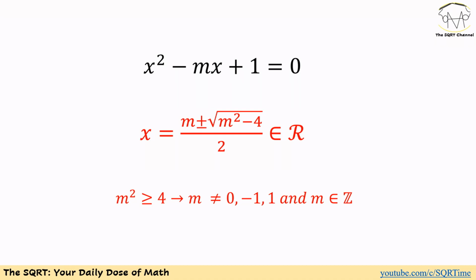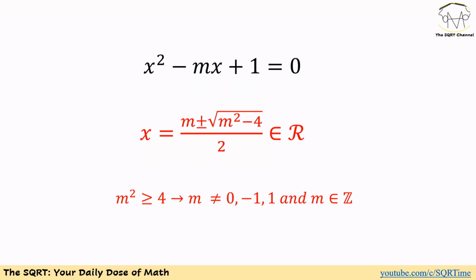Now we have a quadratic equation and we want to find its roots. Let's start with writing x is equal to m plus or minus the square root of m squared minus 4, over 2. We are looking to find the real values that we can have for x, and we know m is going to be an integer.